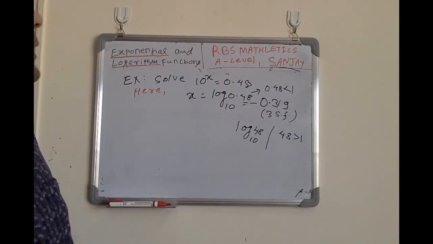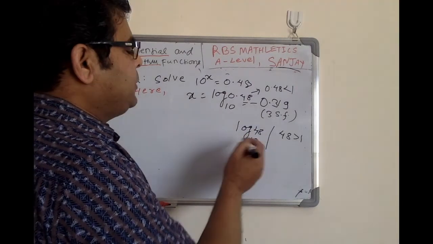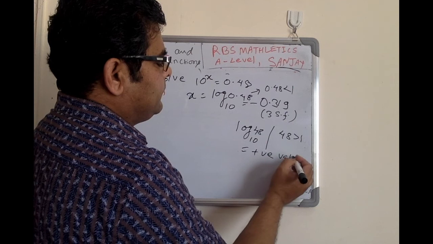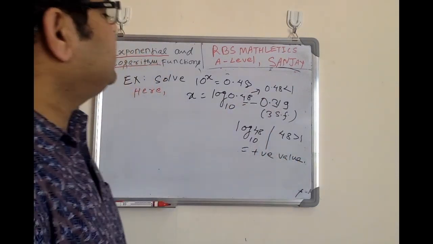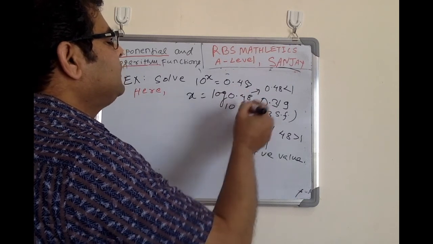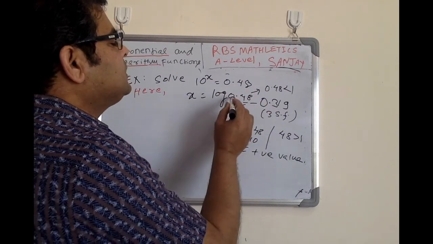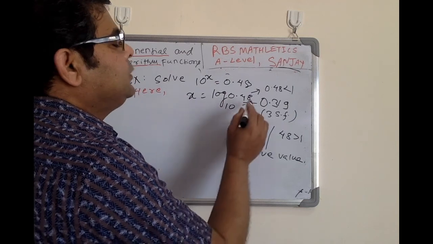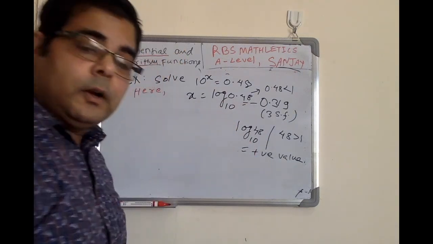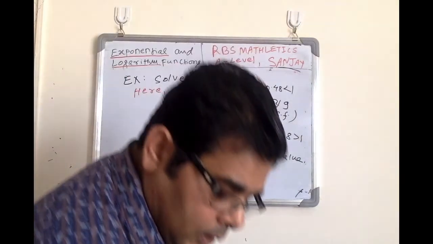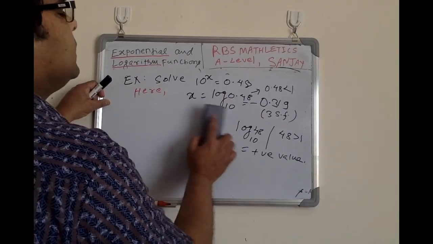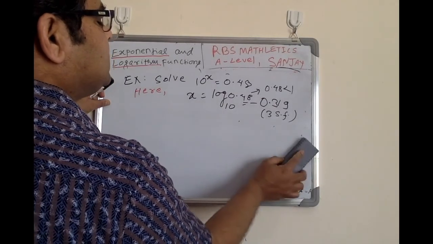So in your calculator, if you put log 48 to base 10, you will get a positive answer. And as you have already seen, if the number is less than 1, as with 0.48, then your answer will always be negative. That is something you should note down while working with logarithms, at least during your practice. So we are done with this.